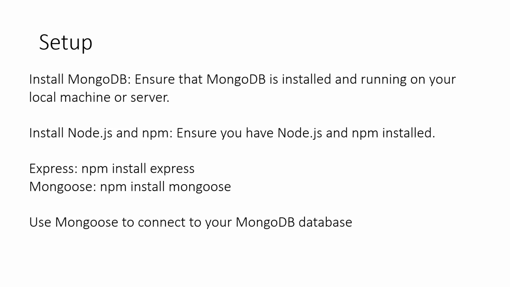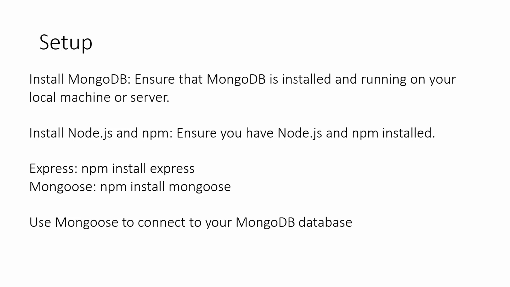Install Node.js and npm. Ensure you have Node.js and npm installed. Then Express: npm install express. Mongoose: npm install mongoose. Express will allow us to use the Express library, and Mongoose will help us to connect to the MongoDB database.